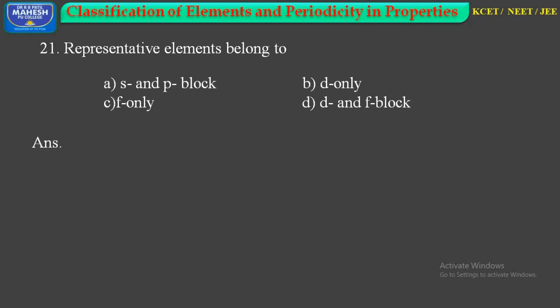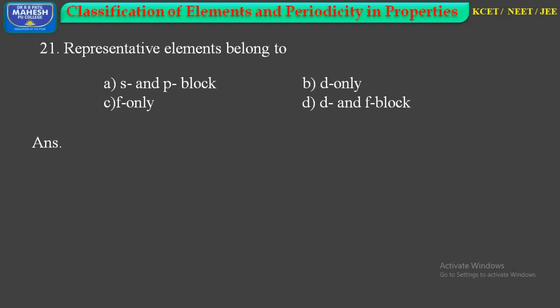Students, the elements of group 1, alkali metals, and group 2, alkaline earth metals, along with the elements of group 13 to group 18 are known as representative elements.